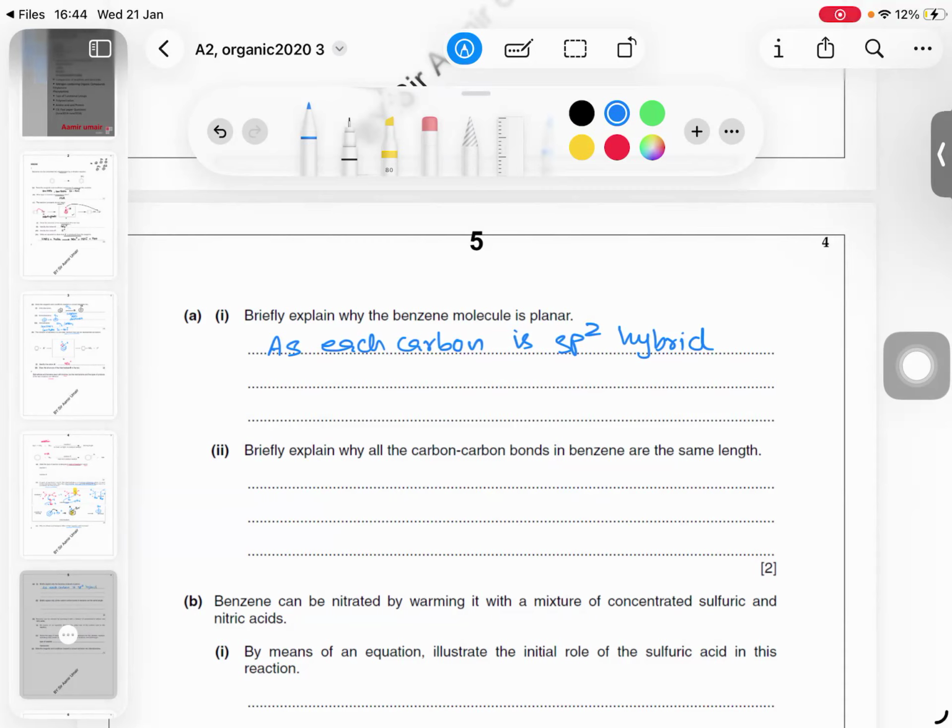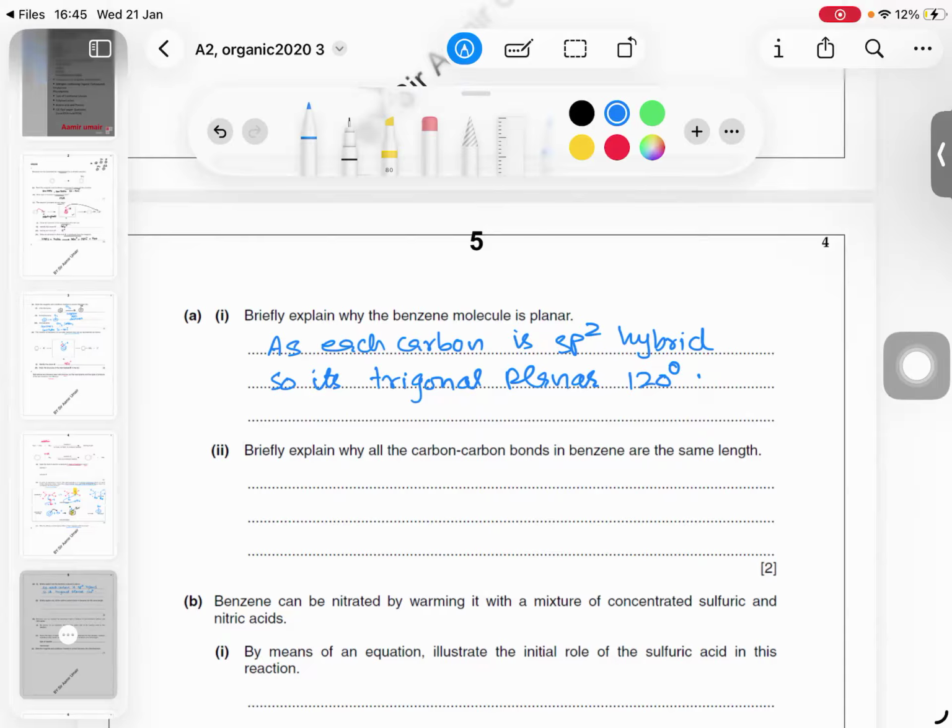Therefore they have double bonds, and being sp2 hybrid, the shape is trigonal planar with a bond angle of 120. So whenever they ask you why it is planar, you have to tell them in simple words: it's sp2 hybrid, and when they have sp2 hybrid, they have this shape. So hybridization determines the shape in this case.